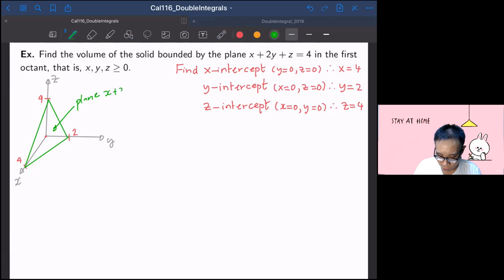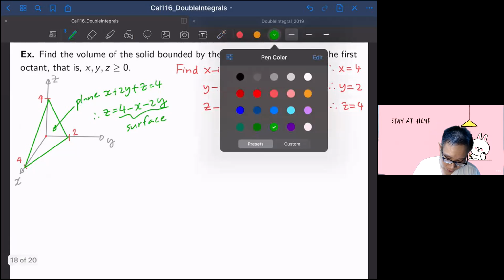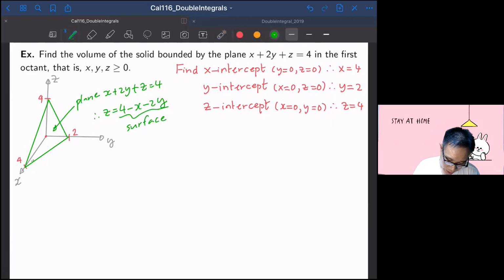x plus 2y plus z equal to 4, sorry. And you solve for z, so it's going to be 4 minus x minus 2y. So this one will be your surface. Let me emphasize this a little bit: the plane will be the thing that I dotted.